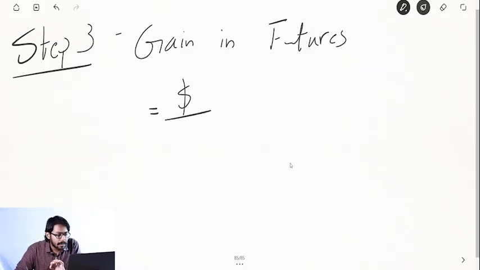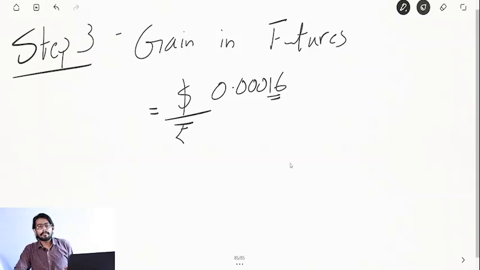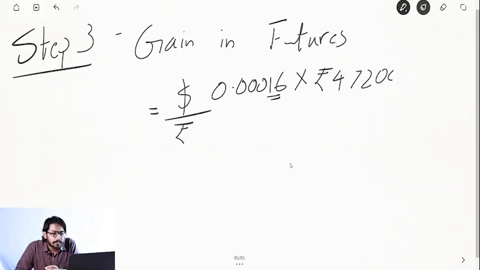Dollar per rupee, 0.00016. You are getting $0.00016 per rupee. Like that, how many rupees are you taking the contract on? Each contract has 4,72,000 rupees. How many such contracts are you taking? You are taking 10 such contracts.